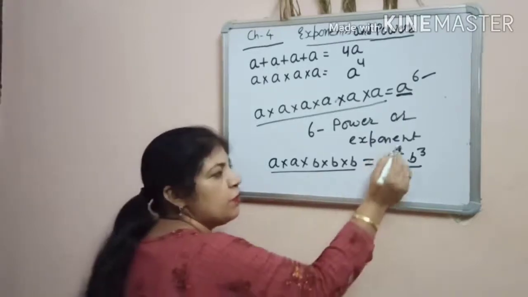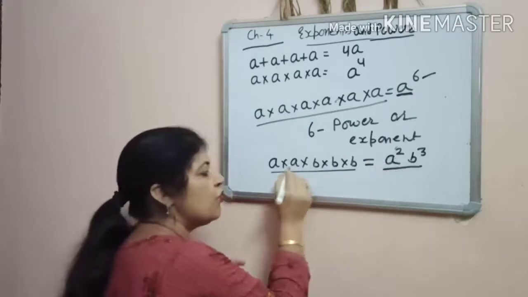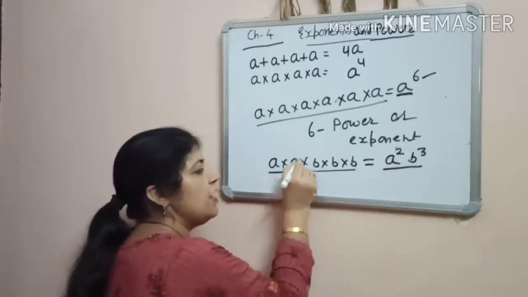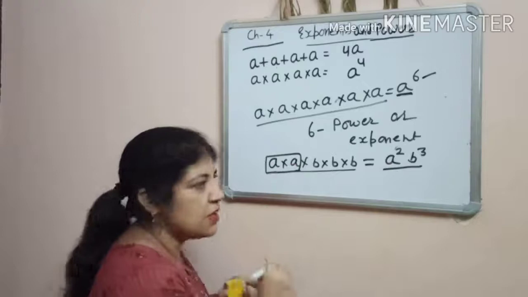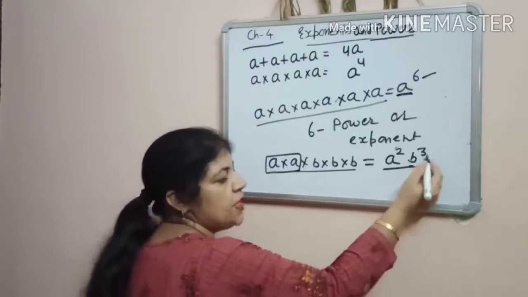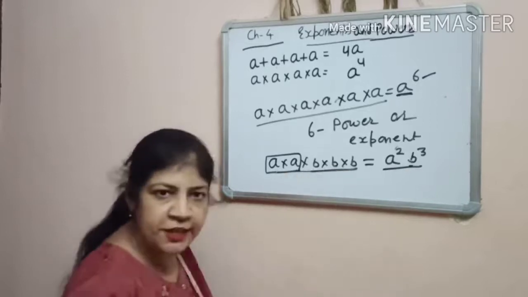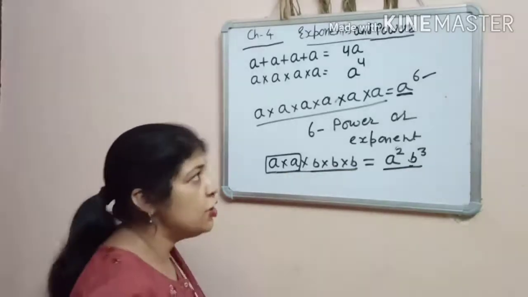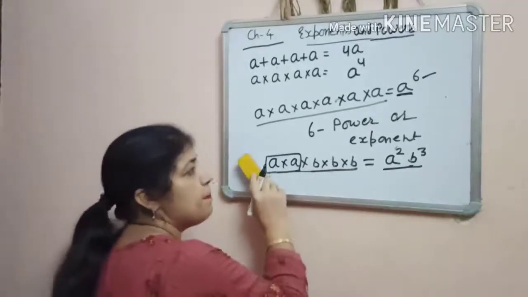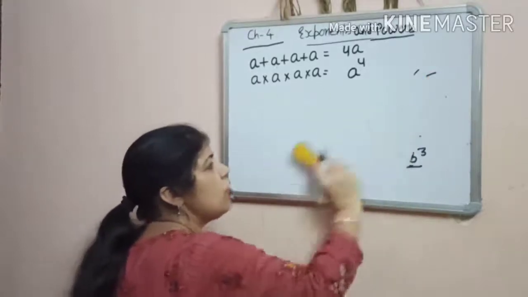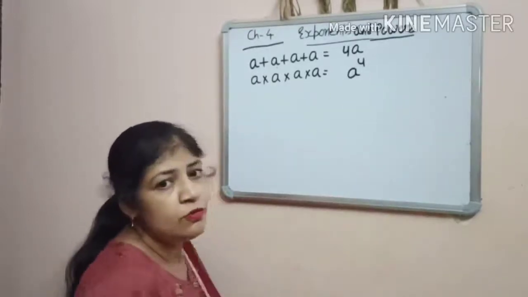Now the power of a is 2, so we expand a 2 times. And the power of b is 3, so we expand b 3 times. Is that clear? So this is called the power notation or exponential form.